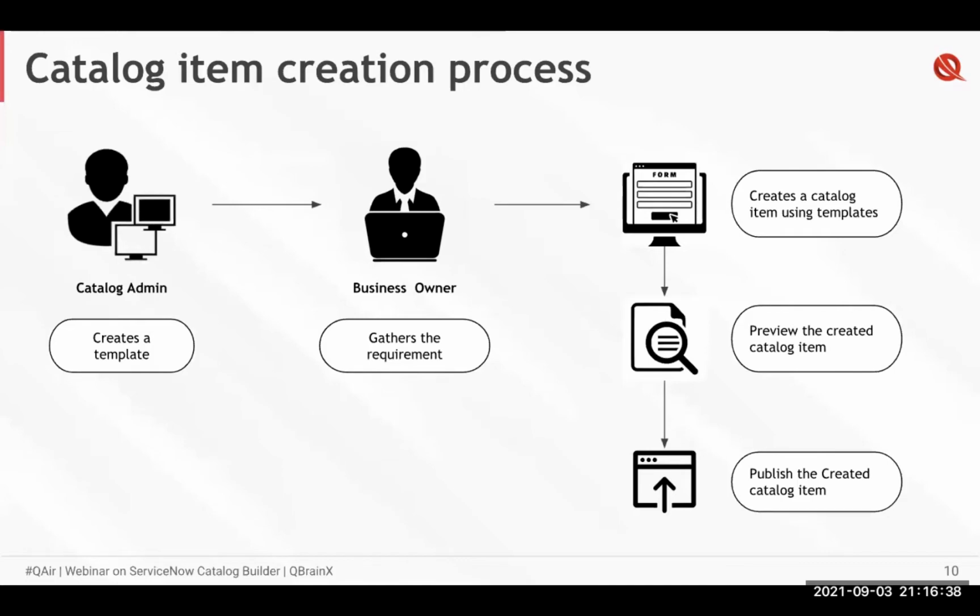Prior to this, there was no option for the business owner to do the development. But right now, using Catalog Builder, the business owner will be able to develop the catalog items without any scripting or coding knowledge.